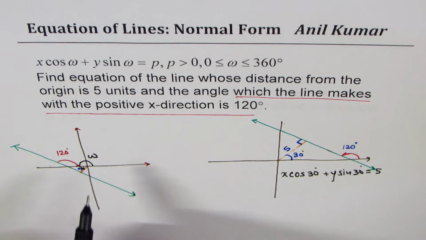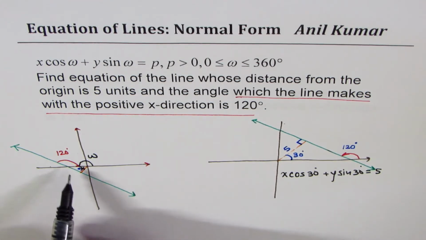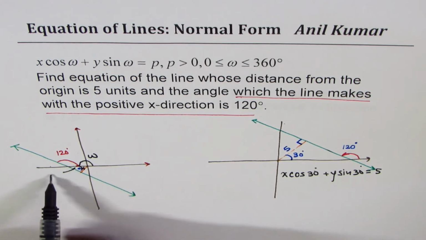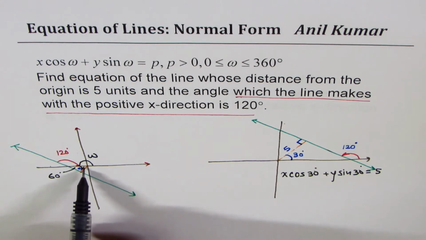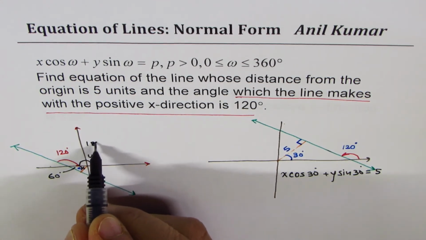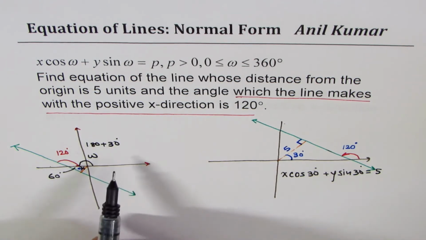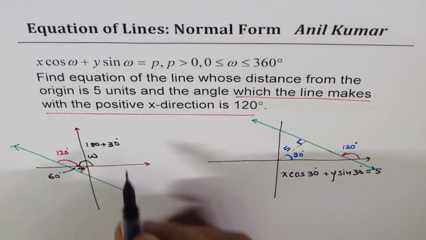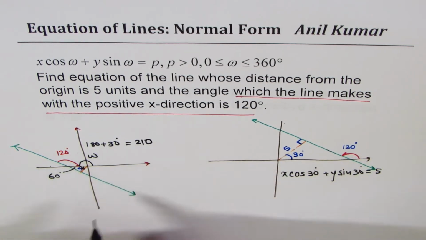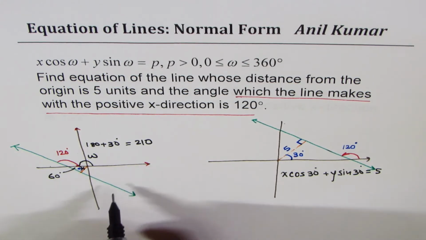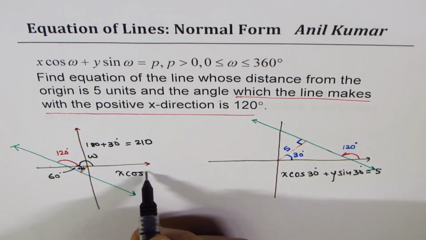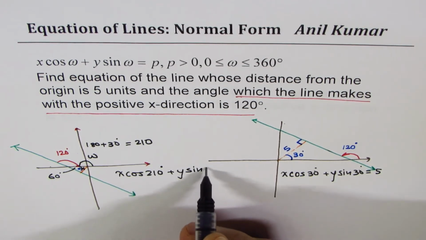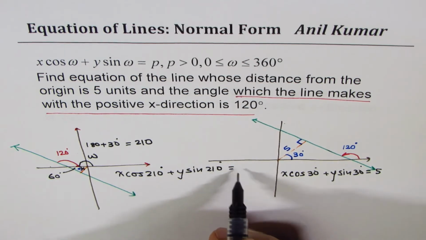Now here, since we have 120 degrees, that means here the angle should be 60 degrees. And since that is 90, we are looking for an angle which is 180 plus 30 degrees, which is 210 degrees. So in this case, the equation will be x cos 210 degrees plus y sine 210 degrees equals 5.